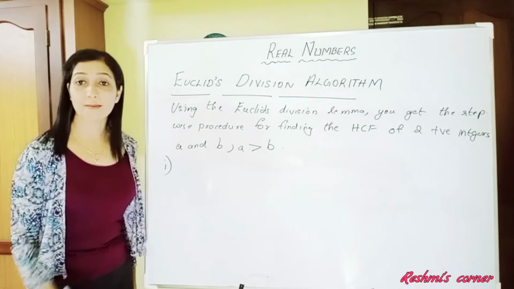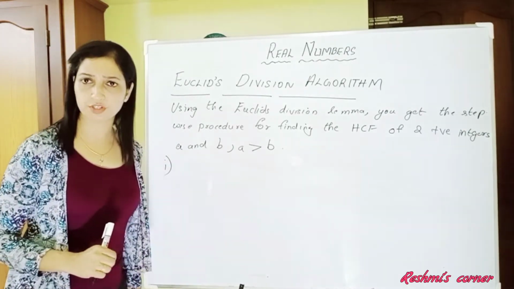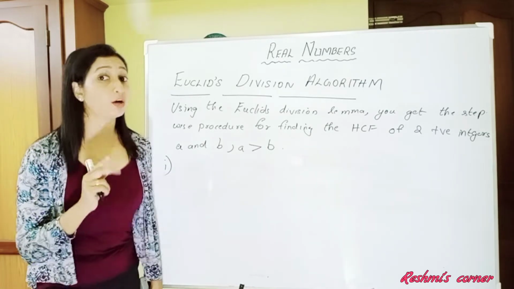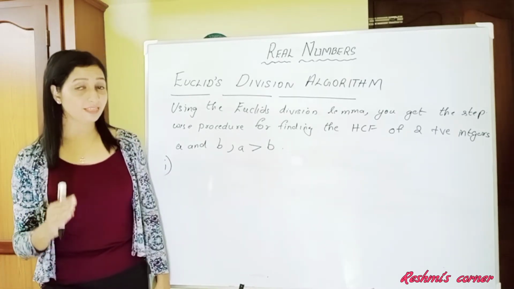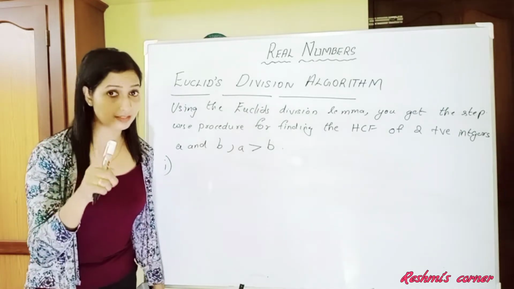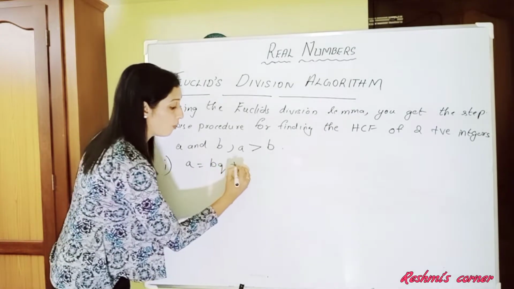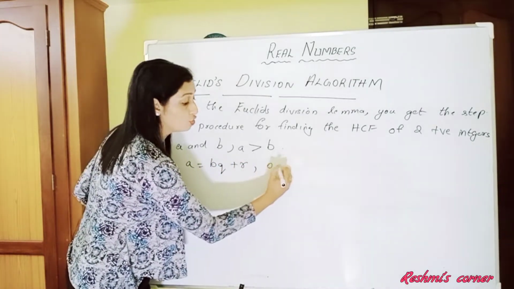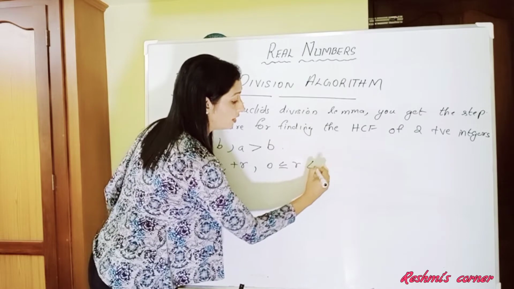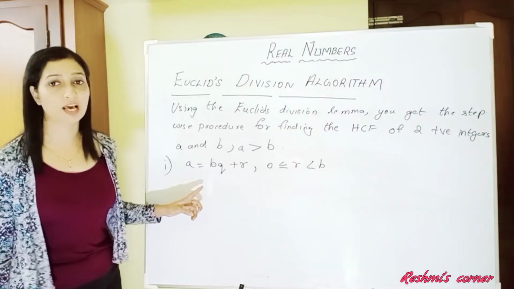First one is applying the Euclid division lemma. What is our Euclid division lemma? If A and B are two positive integers, then there exist two unique whole numbers Q and R such that A is equal to BQ plus R, where 0 is less than or equal to R, which is less than B. Now this is our first step in the Euclid division algorithm.